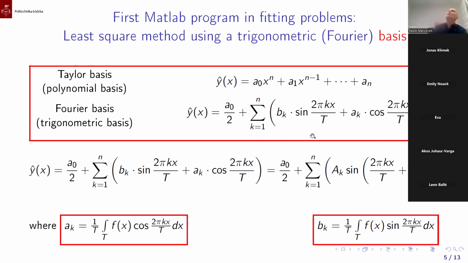But anyway, let me consider this possible function to approximate points, to approximate measurements from a process. We can see that the coefficients which we have here, do you remember, we call the number of coefficients p, we can consider here equal to 2n plus 1.